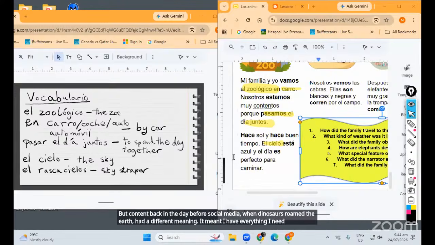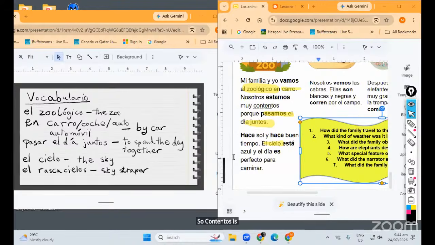I am content. So contentos is happy. I'm not sure if the word for content is also contento in Spanish. Rascacielos. Skyscraper.